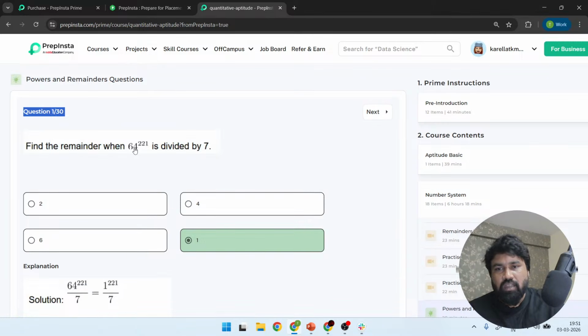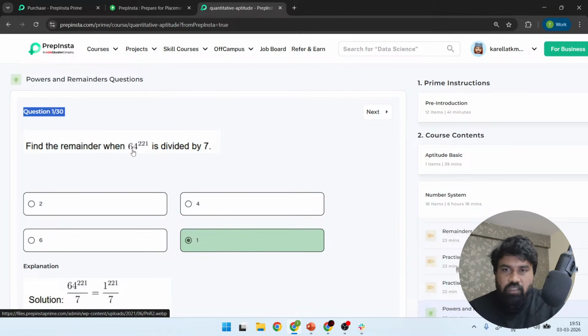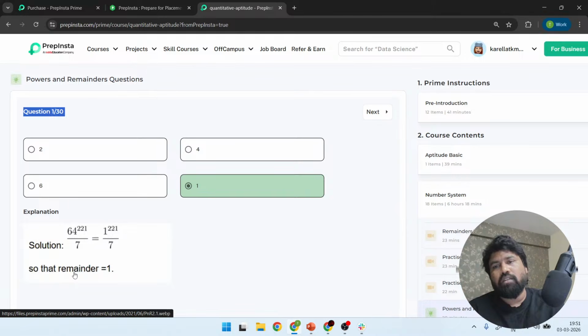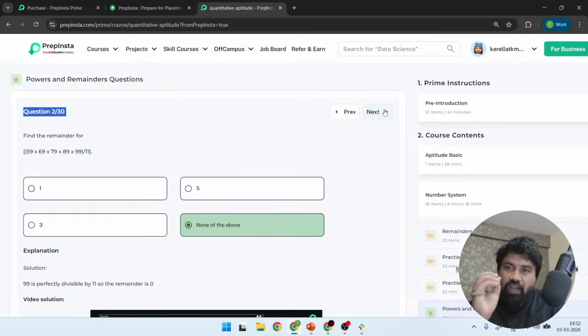See, 63 plus 1 is 64. So 1 is the answer when you divide by 7. When I click on 1, see, within seconds I got the answer. This is what you will get when you practice. And if you see what is the remainder when you divide by 11, the answer is 0.